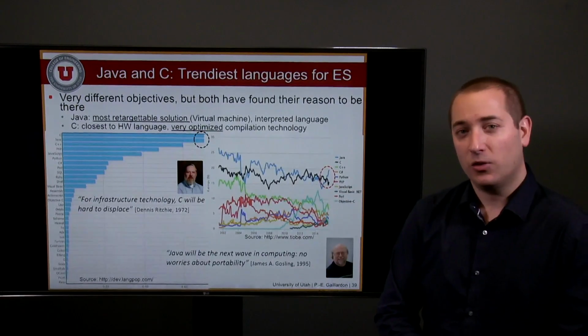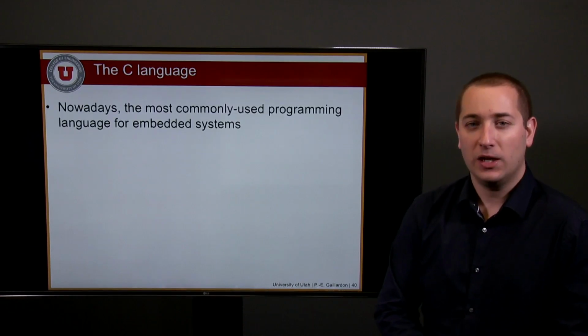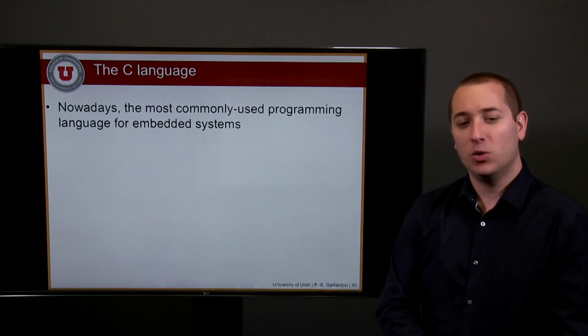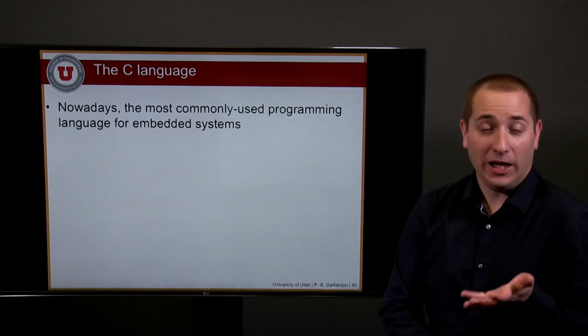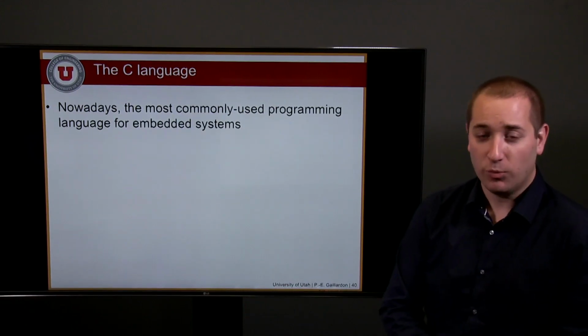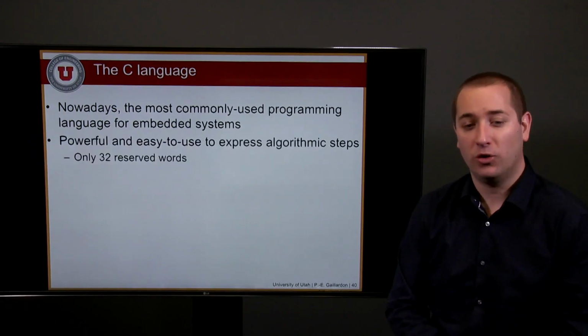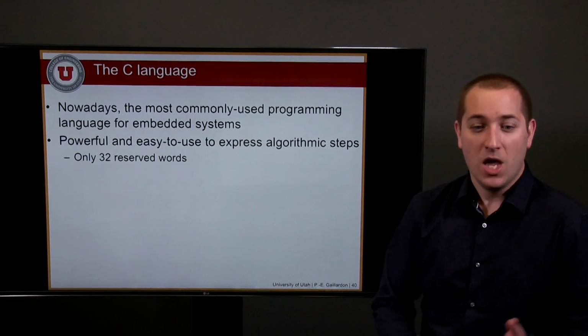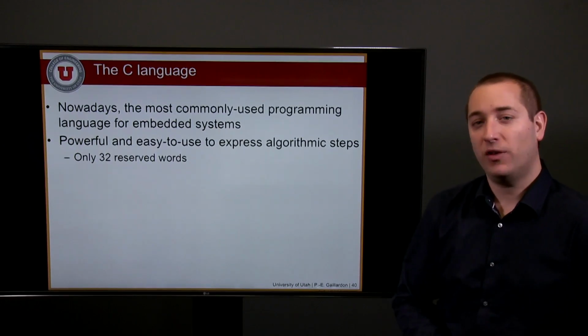In this class, we are going to use the C language because it is nowadays the most commonly used programming language for embedded systems, being yet fairly high level in abstraction, but providing you the nitty-gritty details that you need in order to get the most out of your architecture. It is very powerful and easy to use to express algorithmic steps.